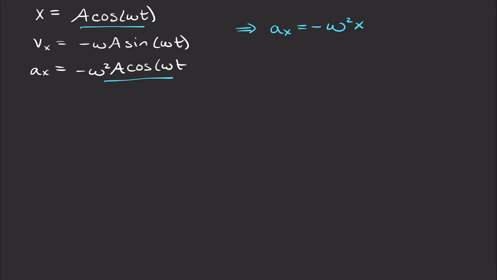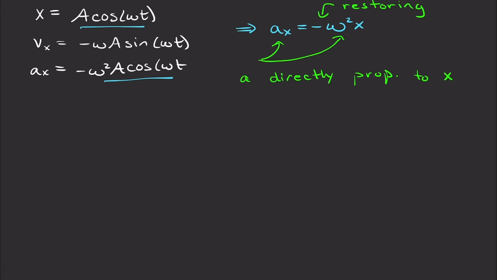So you should immediately notice that the acceleration is directly proportional to x, or the displacement. It's also got a minus sign in front, so that means it's going to be a restoring force. The acceleration is in the opposite direction of x, so it pushes back towards some equilibrium position.